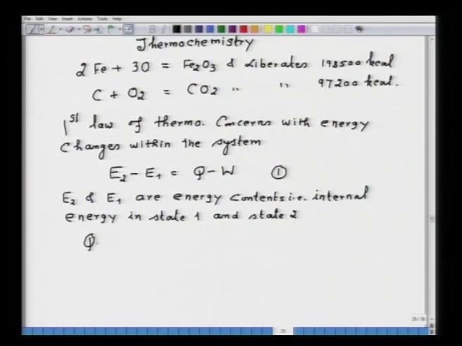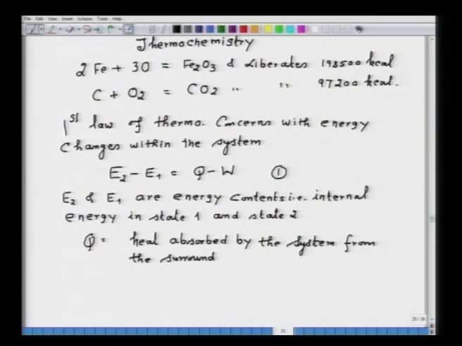Q here is heat absorbed by the system, of course, from the surrounding, whereas W is equal to work done by the system on the surroundings.